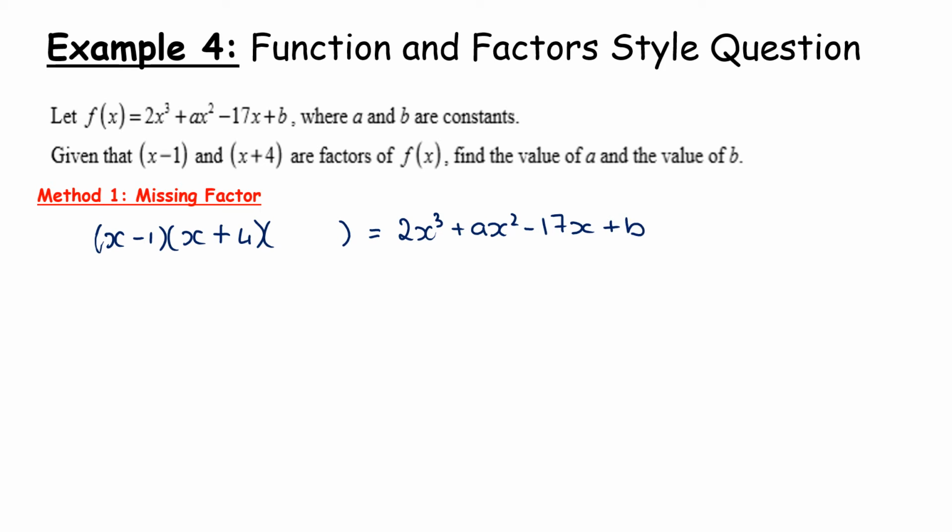Now, what we generally let the third factor be is x plus k, because it's nice and simple. Generally k isn't in the question. If k is in the question, you have to use another letter.